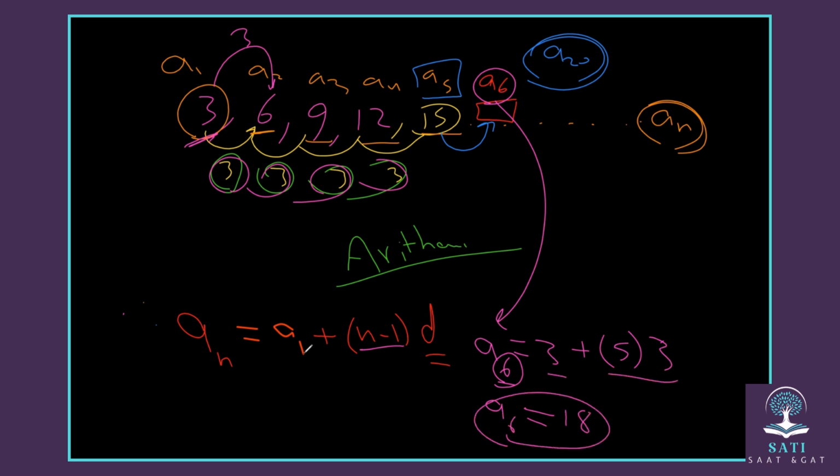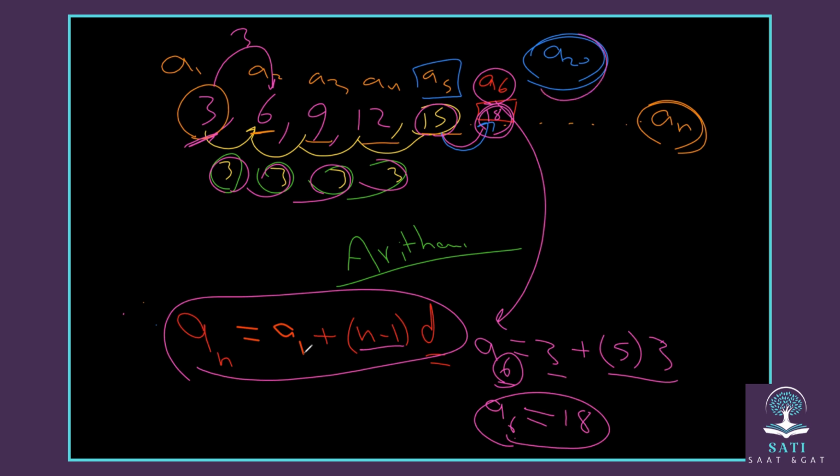Look, that means this formula helped us find the 6th term. We know this is 15, and if we add 3, it's going to be 18, you see? So that means we found 18 by using this formula. And this formula works to find any term.